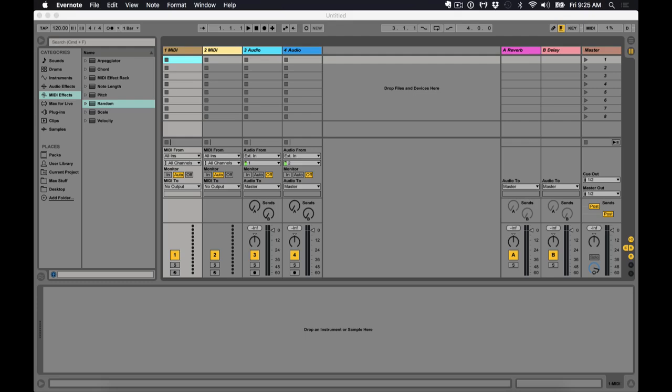If you write something in a mode, let's say it's the Phrygian mode, so it has a lowered 2 scale degree, but you never use the lowered 2 scale degree, if you never hit it, so let's put some notes on that.